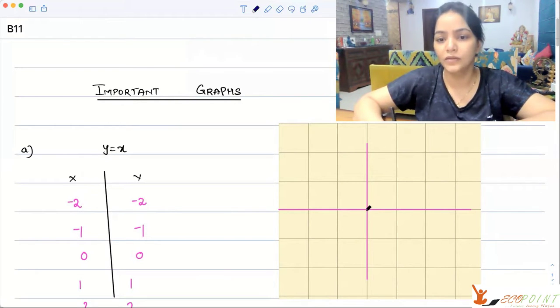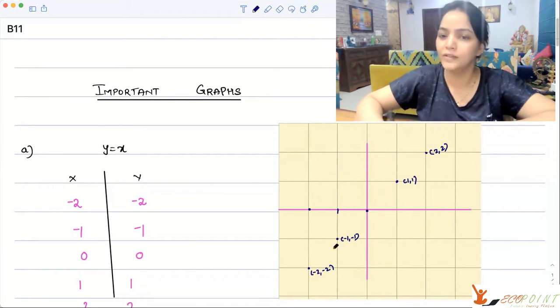So this is 0, 0. This is -1. You get -1 as the result. So this is -1, -1. -2 gives you -2. So -2, -2. 1, 1. Similarly, 2, 2, and so on and so forth.